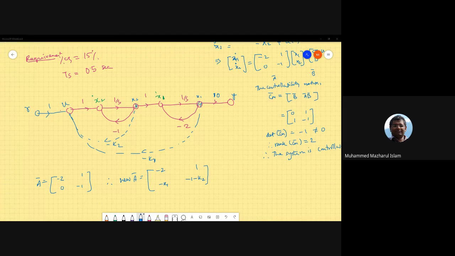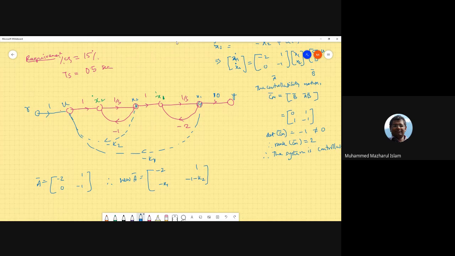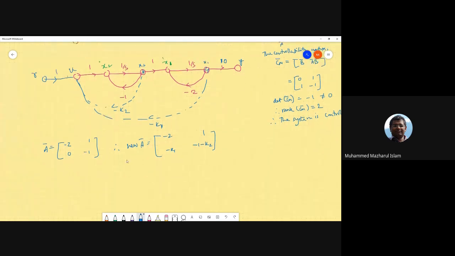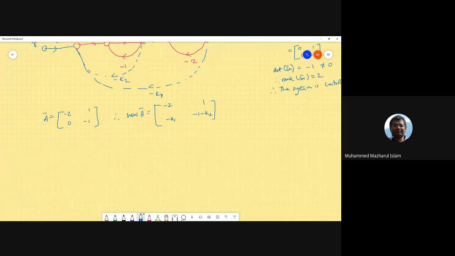Now from the new A, you have to calculate the characteristic equation. That's why you might also need the SFG. If you need to, you can draw it. You should draw it actually, but it's not essential. So the characteristic equation is for the system, so we should write this for the new system, or the controlled system.